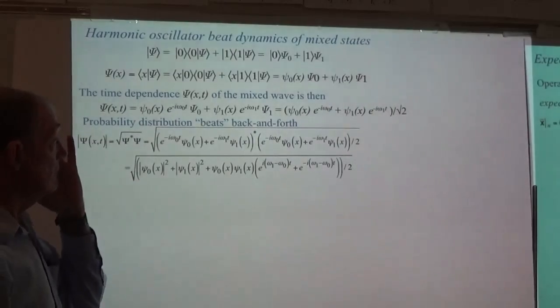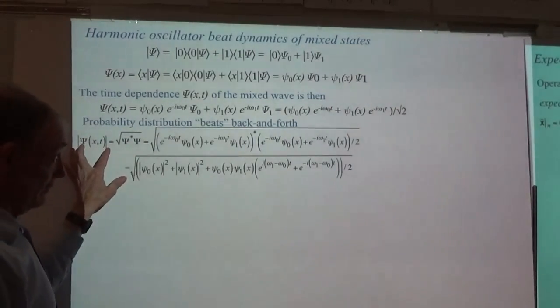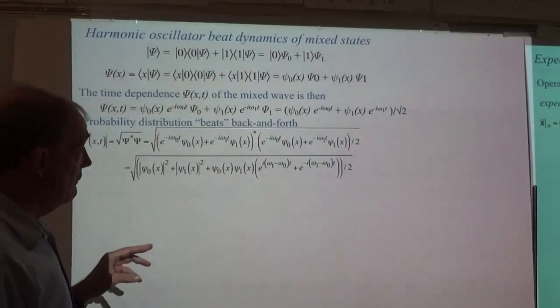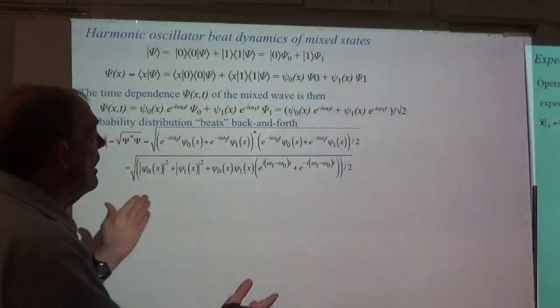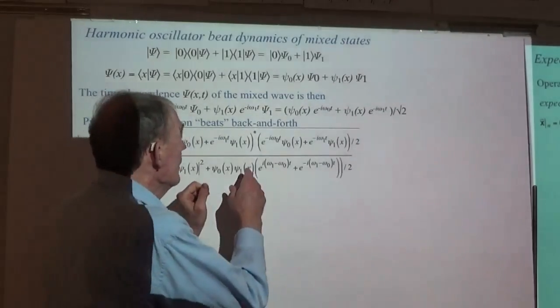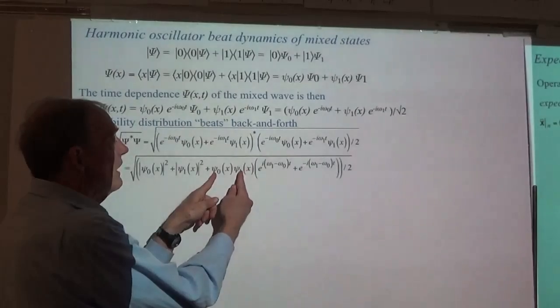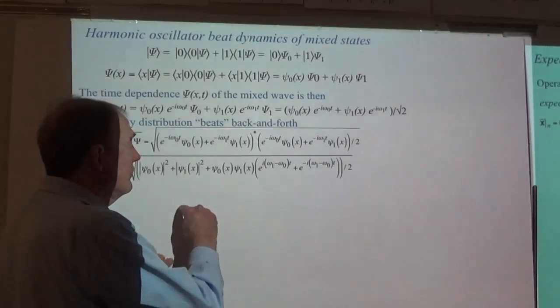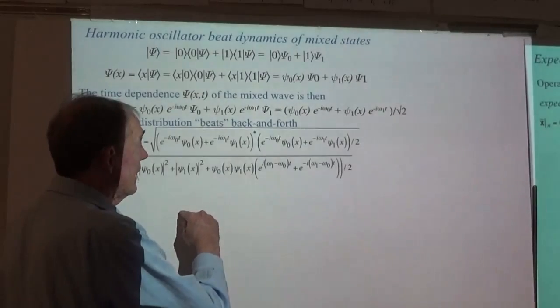That's your probability. I'm going to take the square root of that. This will be the magnitude of the wave as a function of space and time. And all the time behavior is going to be on the cross term between the psi 0 and the psi 1. Okay? Psi 0 is just a Gaussian, and psi 1 is just x times a Gaussian.